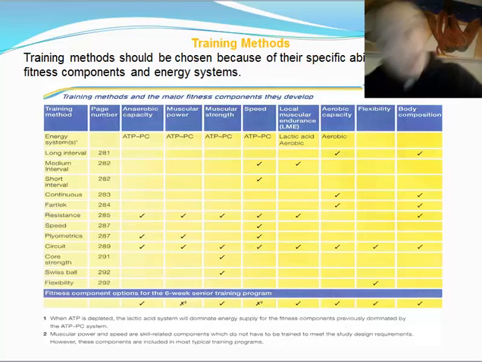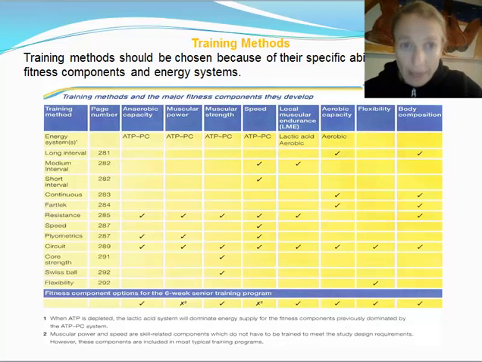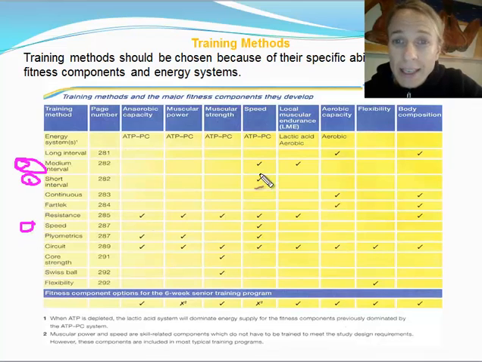Now, more anaerobic training, so this is definitely short interval training, and also medium interval training that often trains both systems. Obviously speed work. These are going to improve our anaerobic capacity.